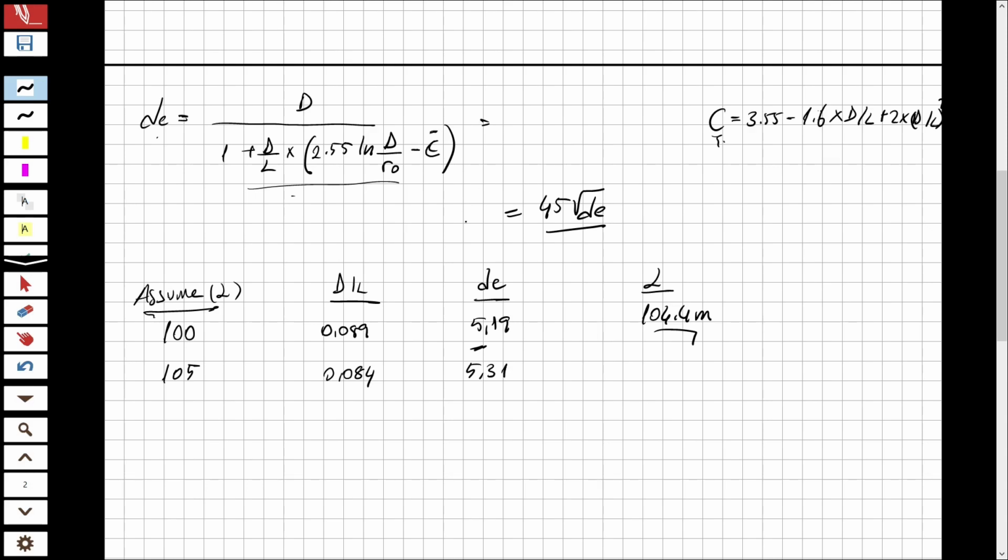Now you know that this is the formulation of L. When you write the equivalent depth in its place, we are going to obtain the exact L value. So we write 105 and we obtain 105.5 meter. Now you can see we got very close to each other, 105 and 105.5. So we can accept it.